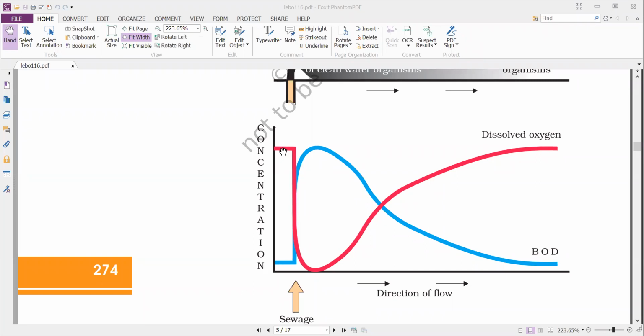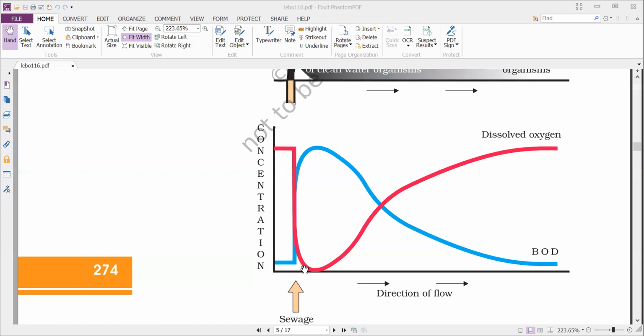Okay, if the dissolved oxygen is decreasing, you can see the red line. Here we can see there is a decrease in the graph. So when the dissolved oxygen is increasing, the BOD is decreasing.